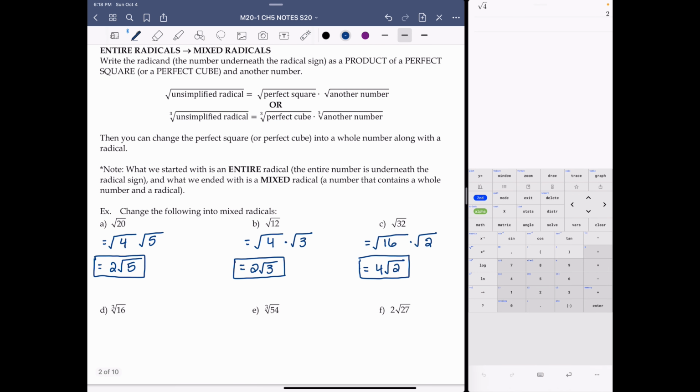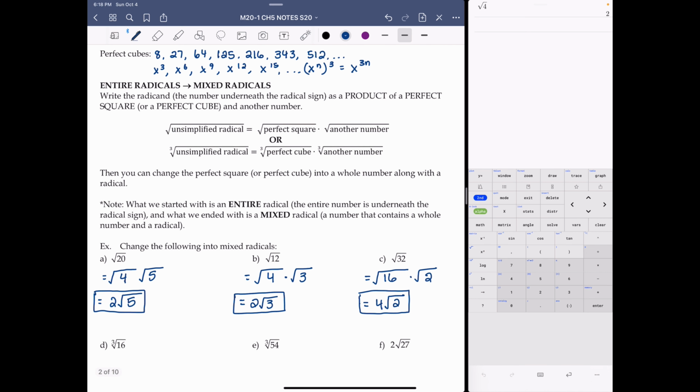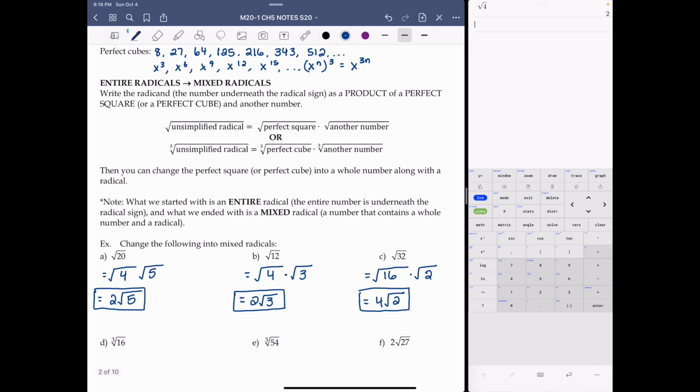Let's do some cube roots. The cube root of 16. Now we want to look at numbers in the perfect cube list. Cube root of 16, half of 16 is 8, so the number can't be any bigger than 8. Well, 8 is our smallest perfect cube, so it's going to be that number. We write it as the cube root of 8 times the cube root of 2, because 8 times 2 is 16.